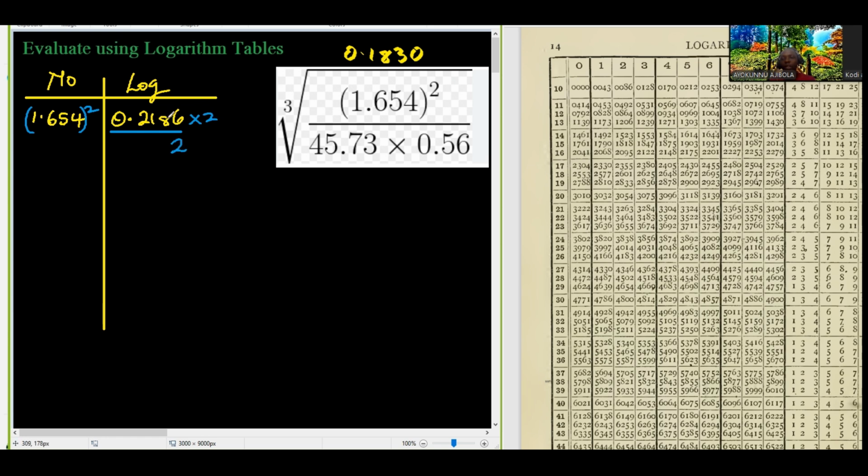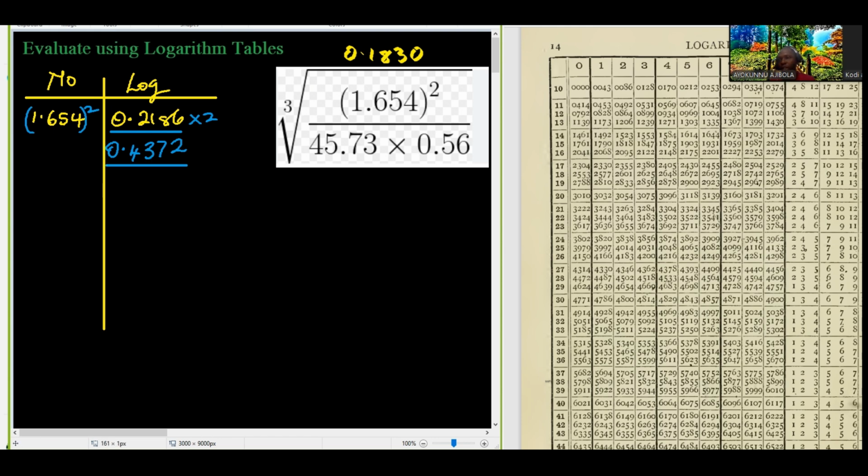Then 2 times 8 is 16, plus the 1 I kept, that's 17. I keep 1 again. 2 times 1 is 2, plus 1, that's 3. Then 2 times 2 gives me 4. So I have 4 here. Then 2 times 0 is 0. So this is 0.4372. So I'm through with everything the numerator involves.